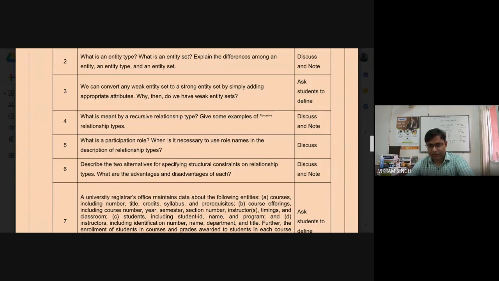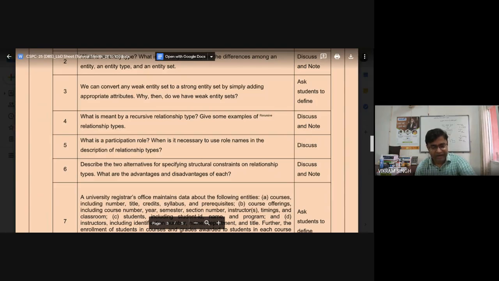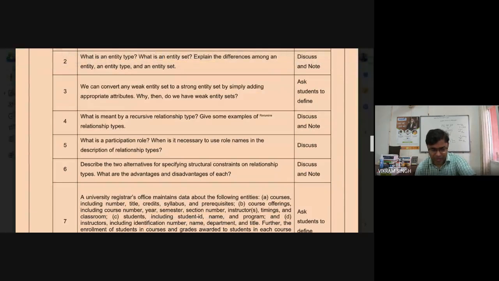That's what we are doing. So the question is asking why do we need a weak entity? Naturally, weak entities are required to represent or maintain the possible relation between two entities, where one entity is weak and dependent on the other, and it is not applicable for each and every entity set or entity, right?